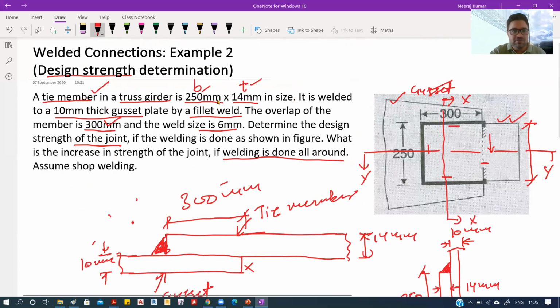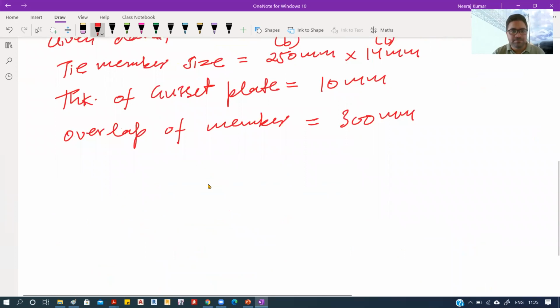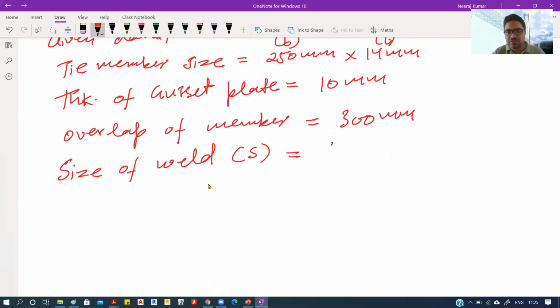Okay. Other data which is given here is the size of weld. So I'm also writing this size of weld. And generally we represent size of weld by S. And this S is given here, which is 6 mm. So in the fillet weld, size is very important to determine the throat thickness.